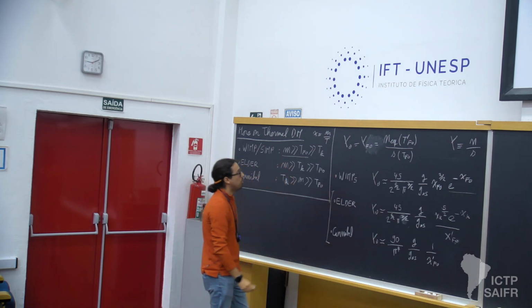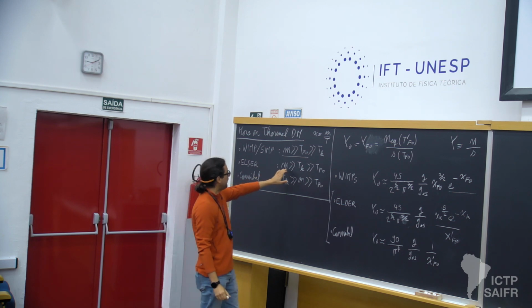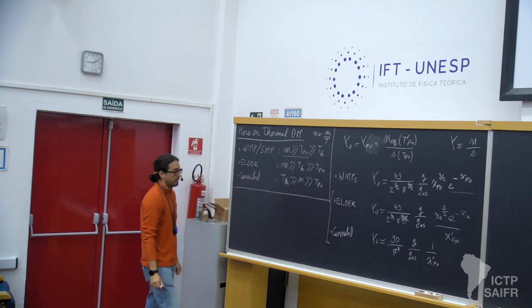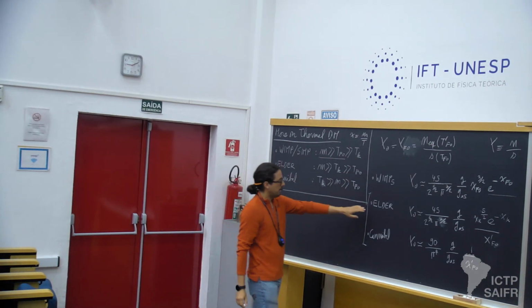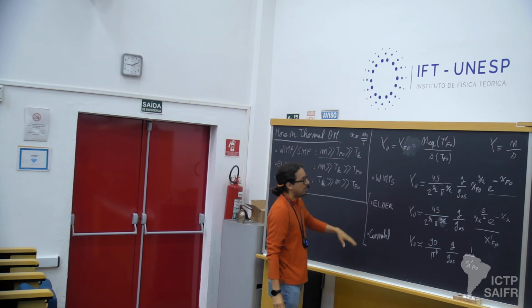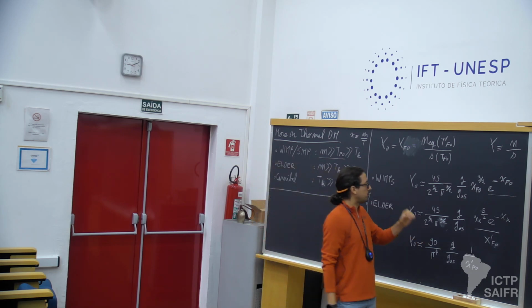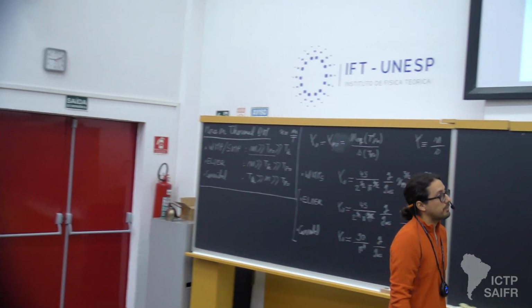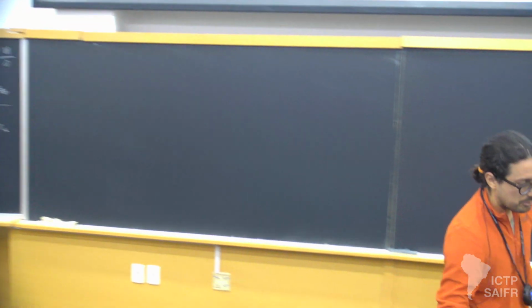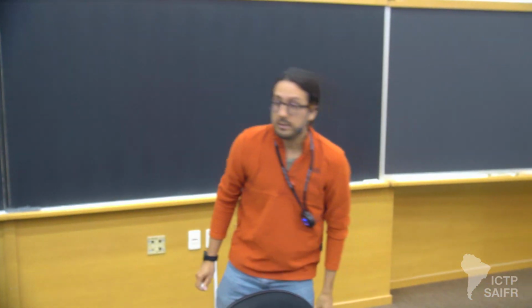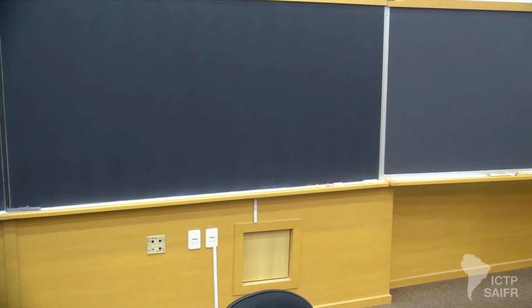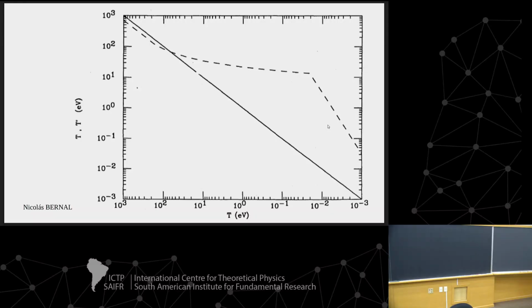So the case where you have these hierarchies. The case of elder and cannibal dark matter. So we found these expressions, and I want to show you, just to emphasize this point, that in the case of elders and cannibal, as we are breaking kinetic equilibrium earlier, not at the moment of chemical freeze out, the two sectors don't share the same temperature, so we have an increase in temperature.